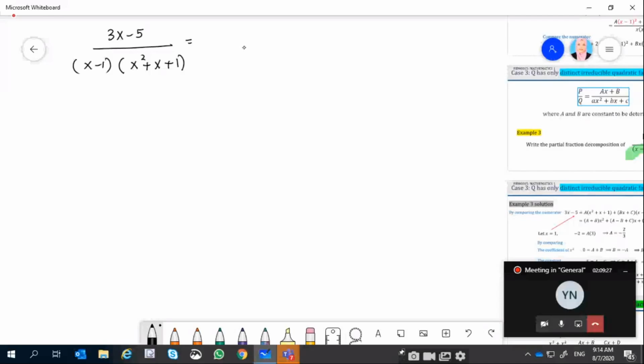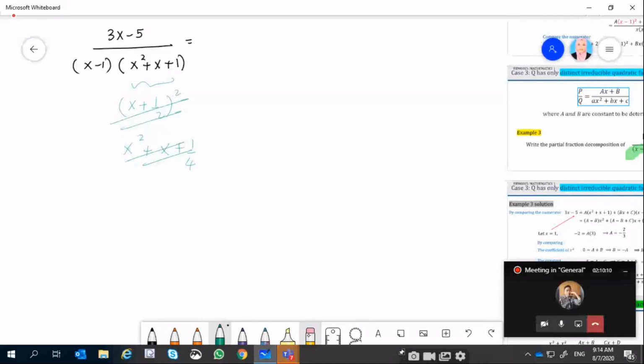Let me check the second factor with a calculator. S plus half, squared. If you expand it, it should be s squared plus s plus 1 over 4, not plus 1. So this is wrong; s squared plus s plus 1 is an irreducible quadratic factor.